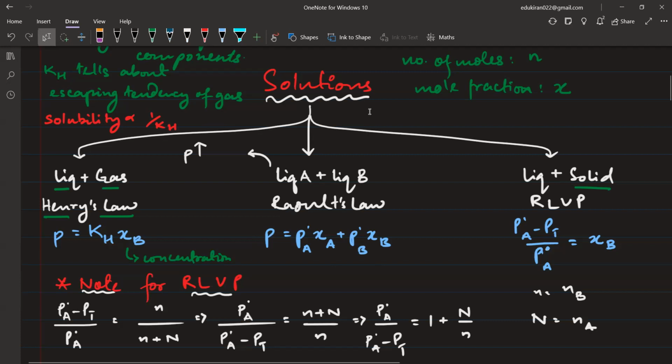Then we mixed the A and B and measured the real pressure. And we found that the real pressure was higher than the calculated pressure. Now, in this case, what would have happened? If the pressure is higher than the calculated one, that means liquid A and B are not interacting effectively. That means we have bad interaction.